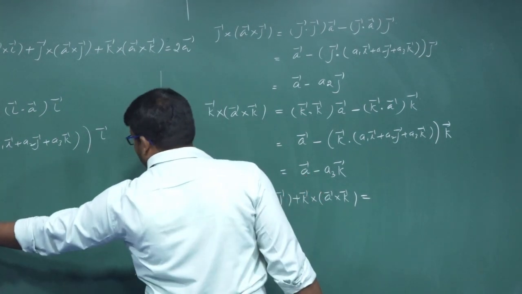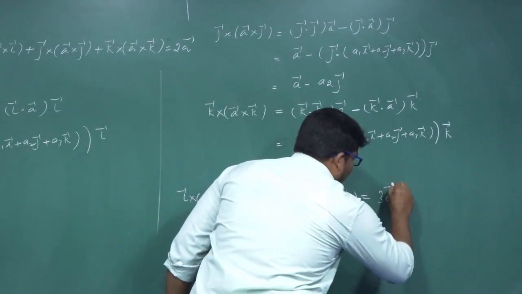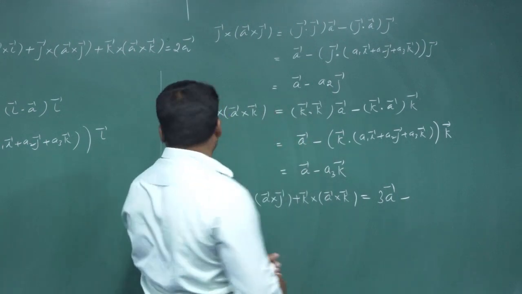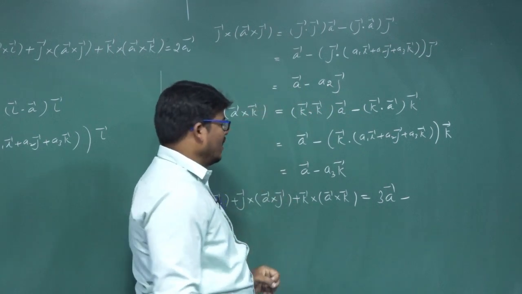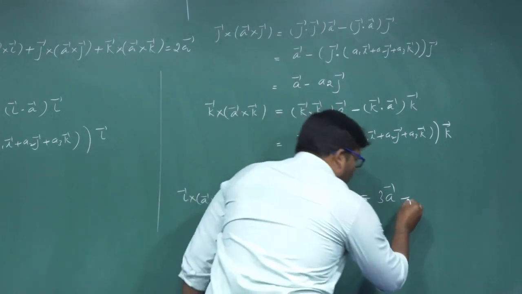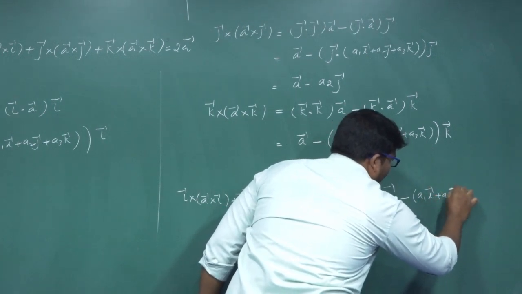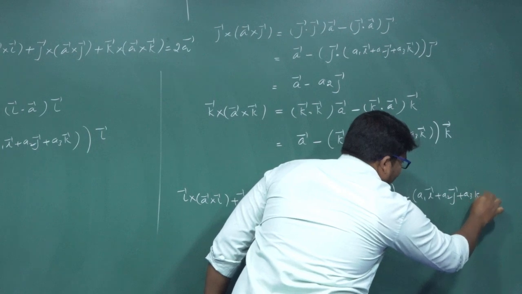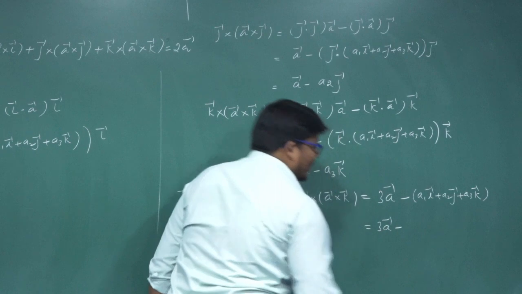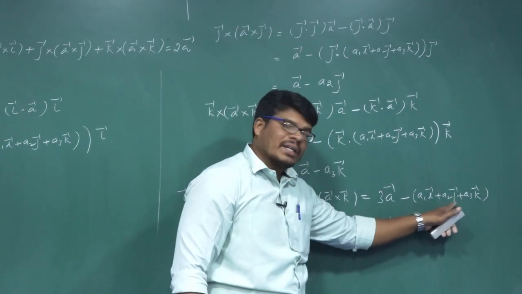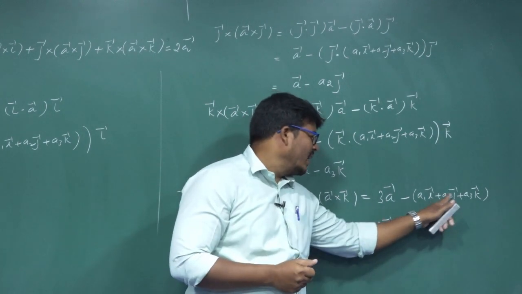Adding, we get 3A vector minus A1 i vector minus A2 j vector minus A3 k vector. Taking minus common, the inside is A1 i plus A2 j plus A3 k, which is already A vector.